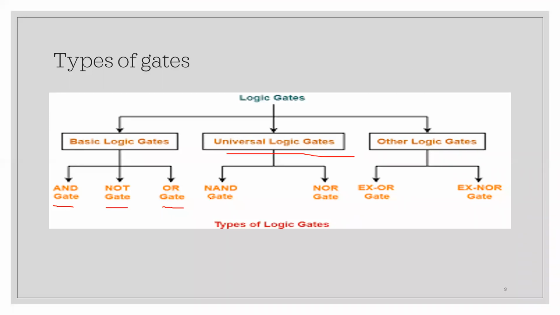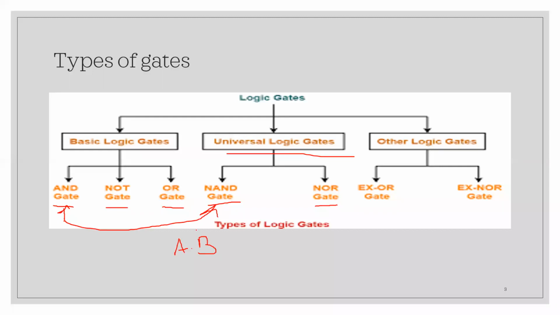universal logic gates. In that we have two gates, the NAND gate and the NOR gate. For example, I want to implement the AND gate using the NAND gate. I can do it with the help of a double complement method, wherein AND is A dot B, that is how we write it.